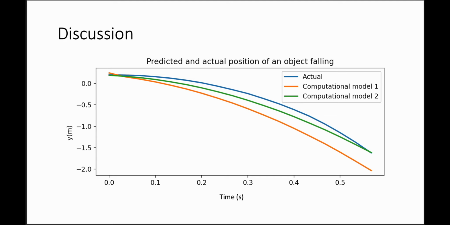As you can see, the computational model that includes drag and the gravitational force reflects the actual motion of the object much better, as the lines are closer to each other than the computational model with just gravity. This shows that there likely is a drag force acting upon the object as it's falling, and therefore it's more accurate to include the drag force than to not include it.